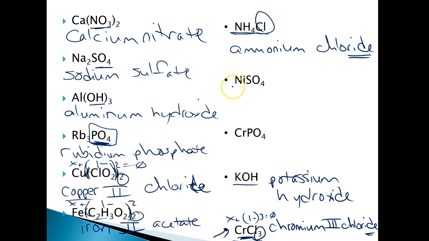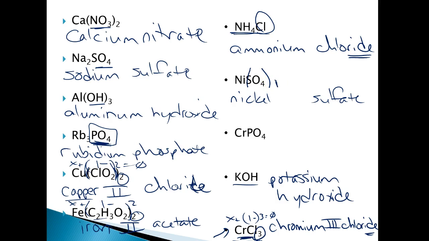But when I get to these next 2 over here, you need to be able to look at them and go, oh my God, 3 capital letters, that means it's a poly. So nickel sulfate. But then you need to personally put in the parentheses here and here and recognize that the number outside the parentheses is a 1.